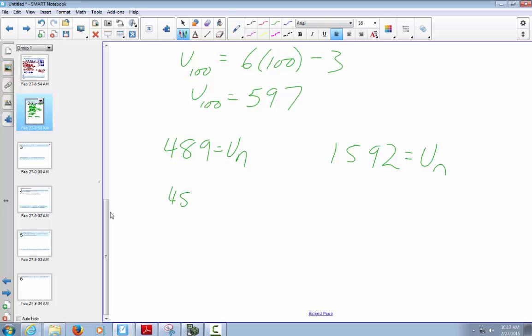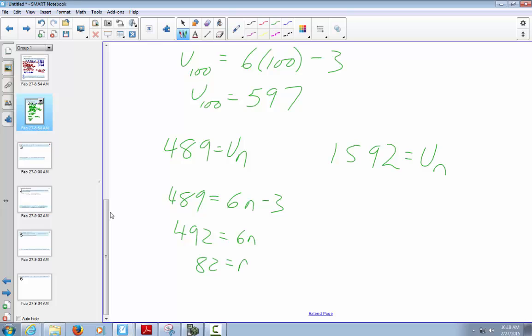So 489 equals 6n minus 3. Add 3 to both sides, I get 492 equals 6n. Not doing that in my head. So 492 divided by 6. 82 equals n. Part of sequence.